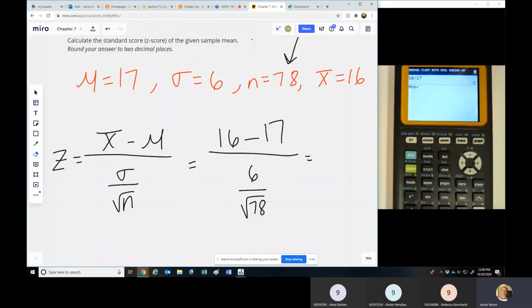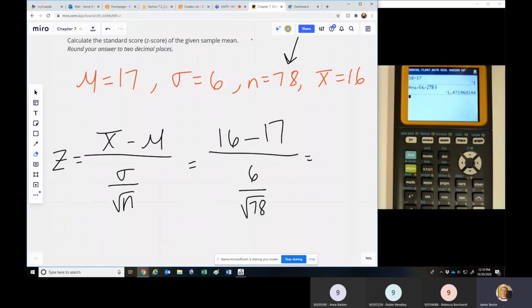So it says answer divided by. Then I'm going to put the denominator in parentheses, 6, just so the calculator knows everything I'm putting down here is in the denominator. So 6 divided by the square root of 78. I'm going to use my little arrow button to arrow out of the square root, and then close the parentheses.